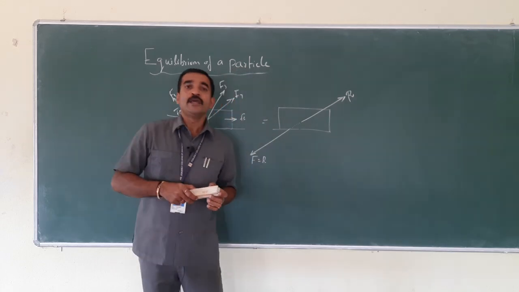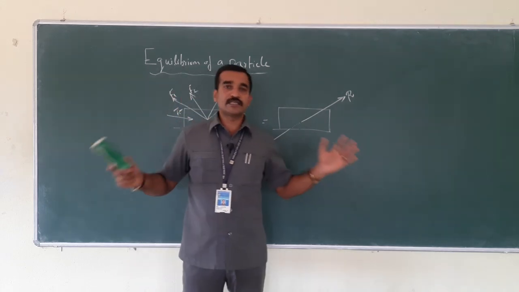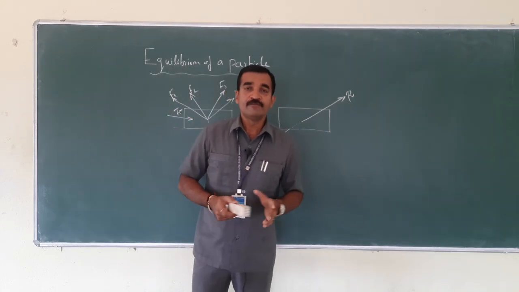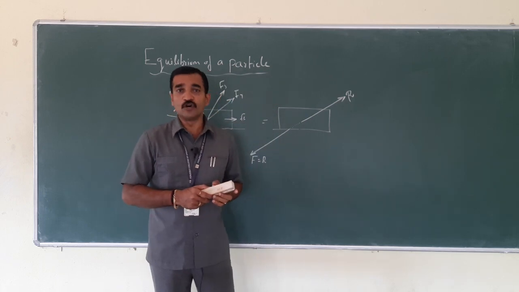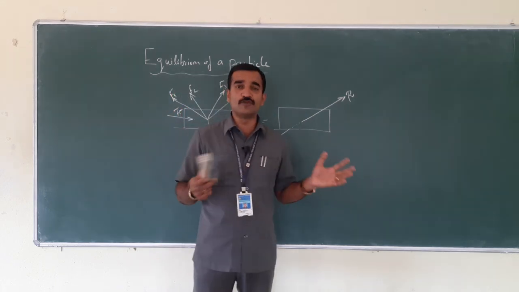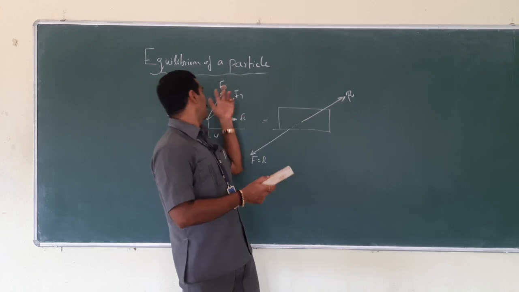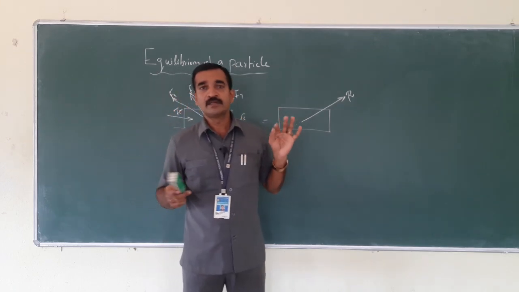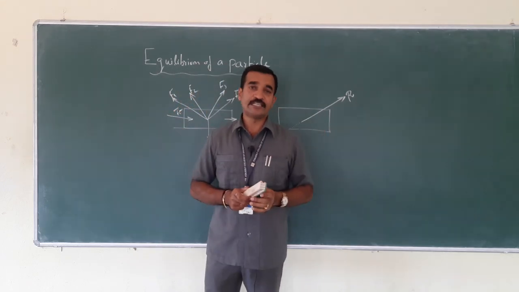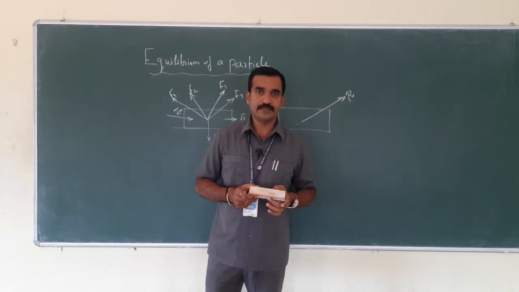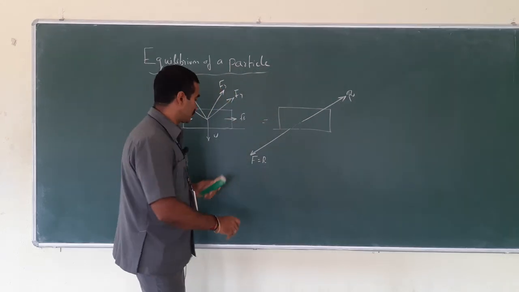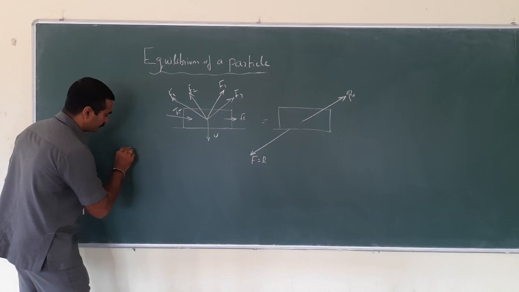Then what do you mean by equilibrium? A particle is said to be in equilibrium when the resultant of all the given forces acting on it is 0. Correct? So equilibrium means, let me just write it down here.